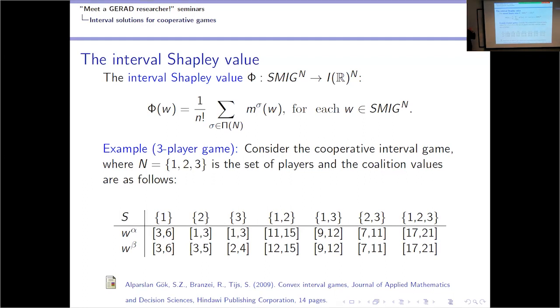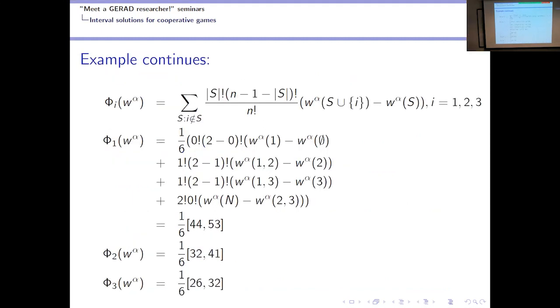Now I will use the same example that we used before, and I will use this table while calculating the interval Shapley value for 3 players. And this is the calculation for the interval Shapley values, here for player 1, for player 2, and for player 3.